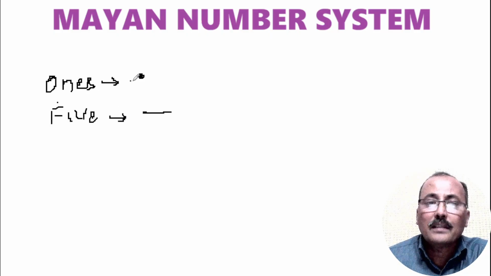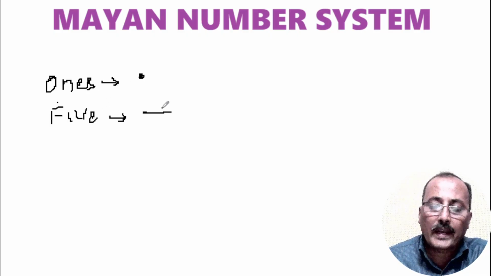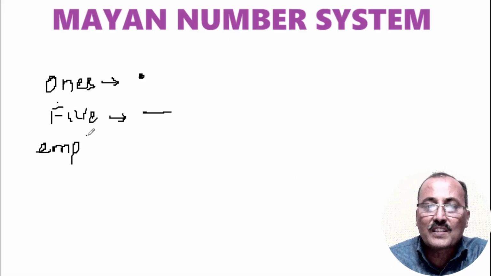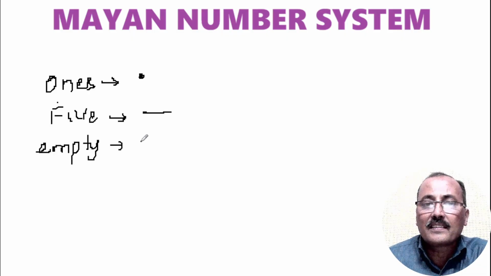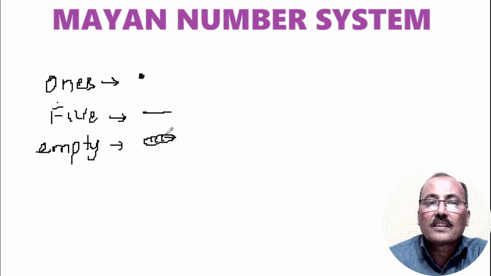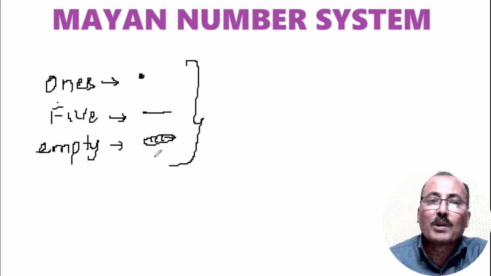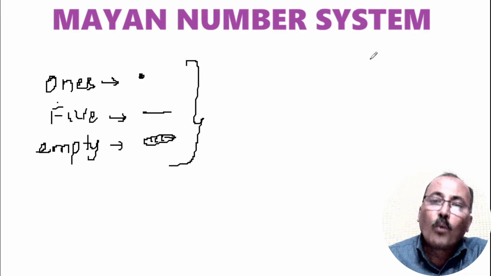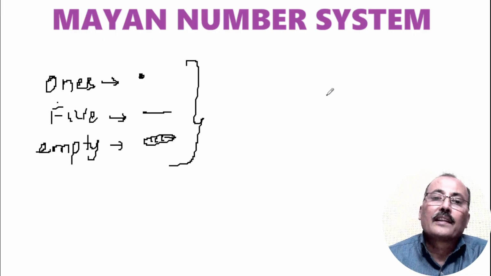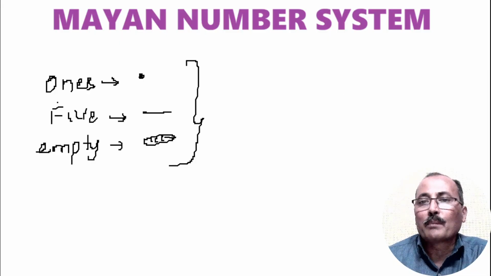For 1 they used a dot, and for 5 they used a bar. For empty, that is for 0, they considered a shell like this. So using only these three symbols they developed the Mayan number system. Let us see one by one how we write the numbers from this.